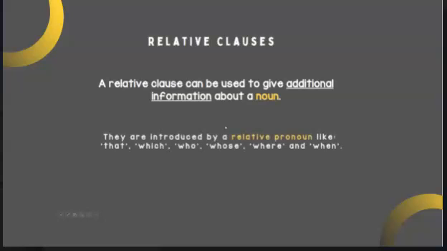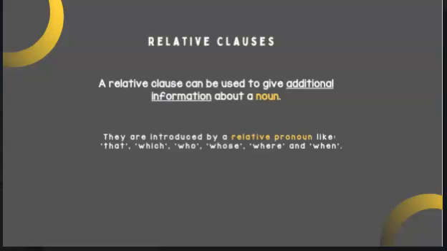Now, when you use a relative clause, it must always begin with a relative pronoun. If you ever do the GPS test, the grammar, punctuation and spelling test in Year 6, you may be asked to spot the relative clause or the relative pronoun. Every time you add in a relative clause, you will always begin it with a relative pronoun.